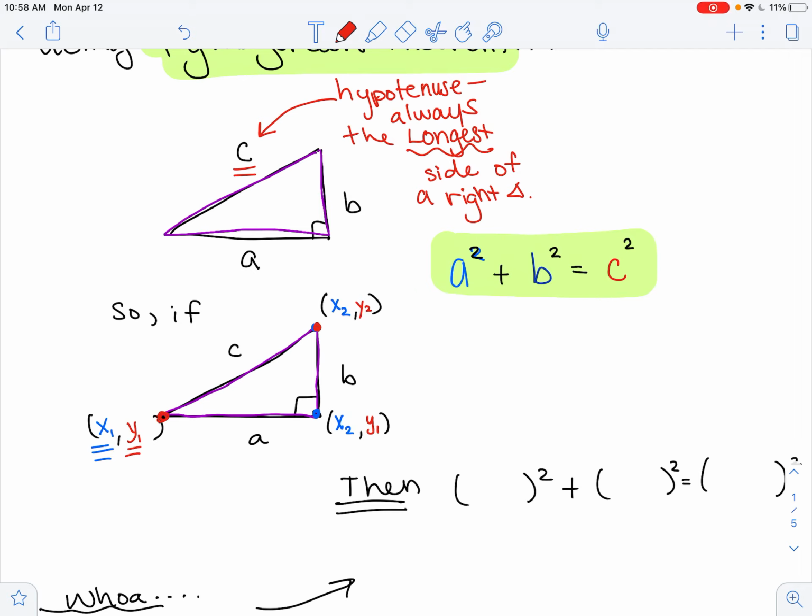Well, instead of side A being just a number, we call side A the difference between, I would take this value of x2 and subtract x1, and that would tell me how big A is. So I know A is x2 minus x1 because that's the difference of those 2 points that would give us the distance of just that horizontal line.